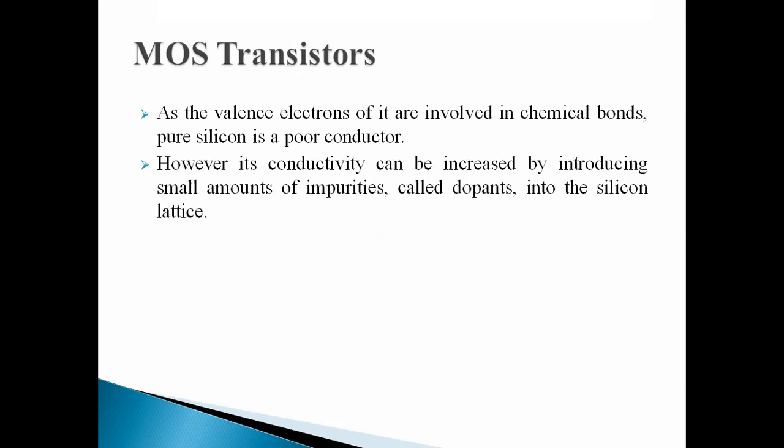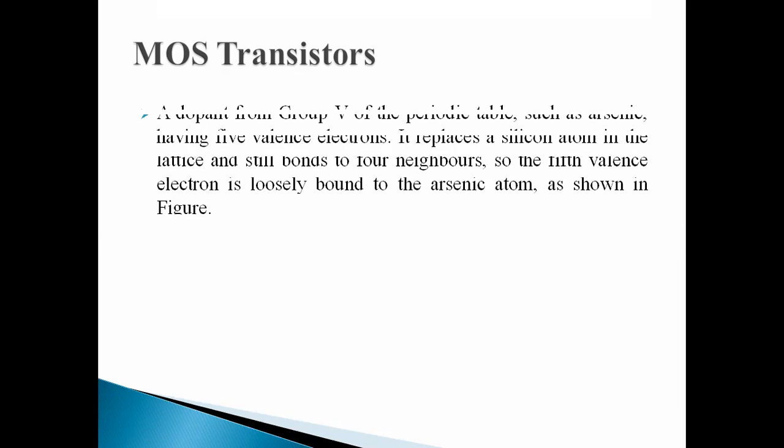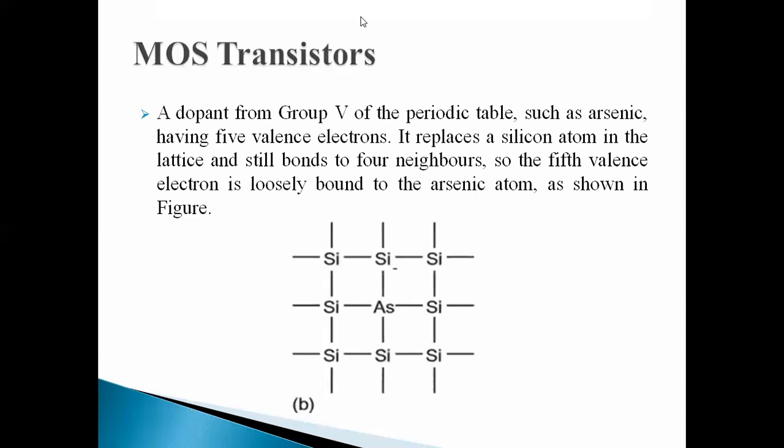As the valence electrons are involved in chemical bonds, pure silicon is an insulator. But the conductivity of silicon can be increased by introducing small amounts of impurities called dopants into the silicon lattice. A dopant from a group 5 element in the periodic table, such as arsenic, which has 5 valence electrons, can replace a silicon atom in the lattice and still bond with 4 neighboring atoms. But the 5th electron will be left free, or loosely bound, as shown in the figure.